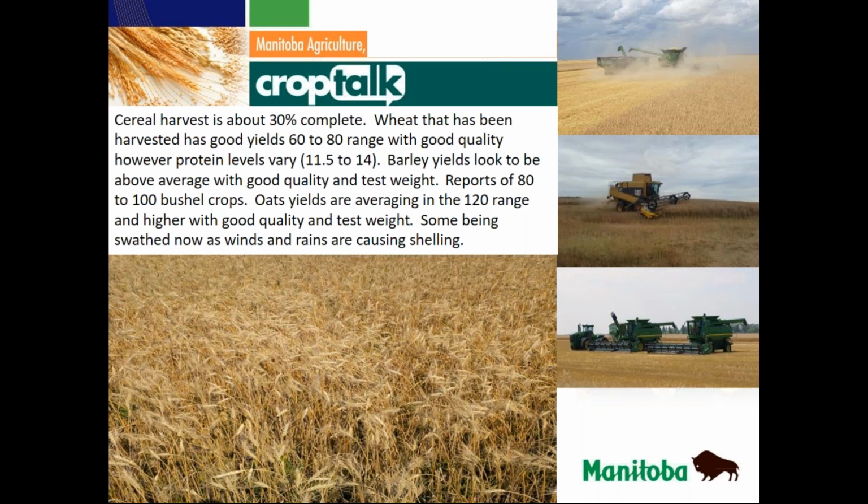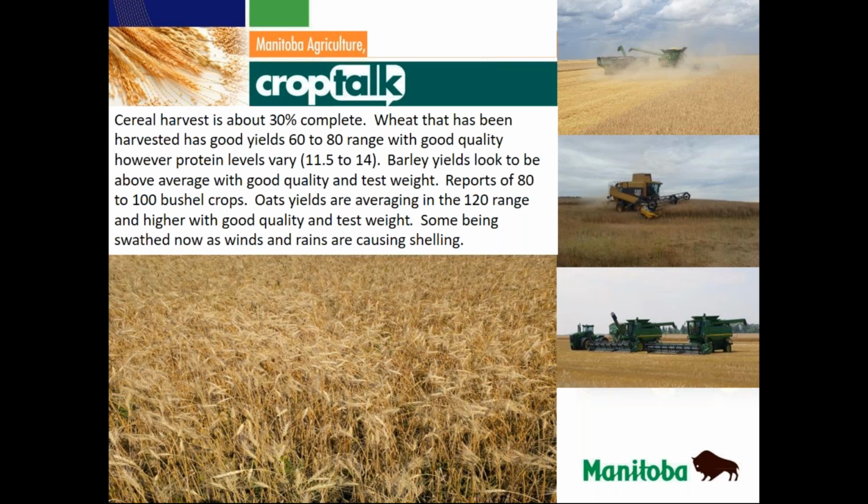I think some of the issues that we're running into right now with some of the cereal crops, especially any barley and oats that is still standing. I've been getting calls from producers regarding the crop breaking down quite severely and shelling with the recent rains and the winds we've been getting.